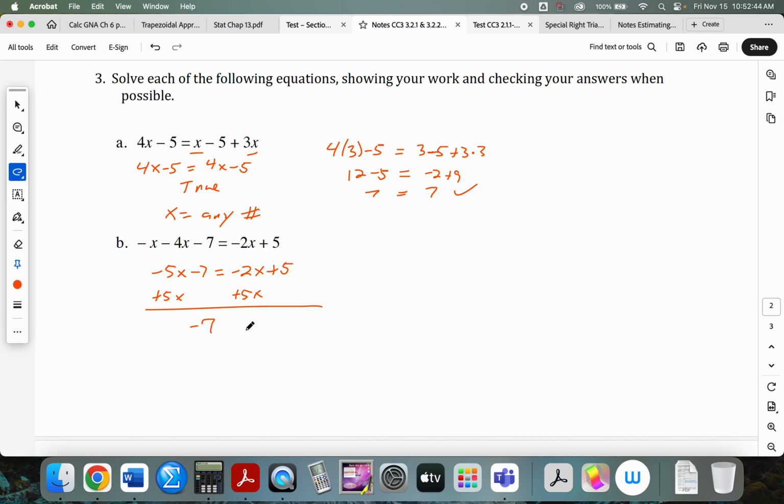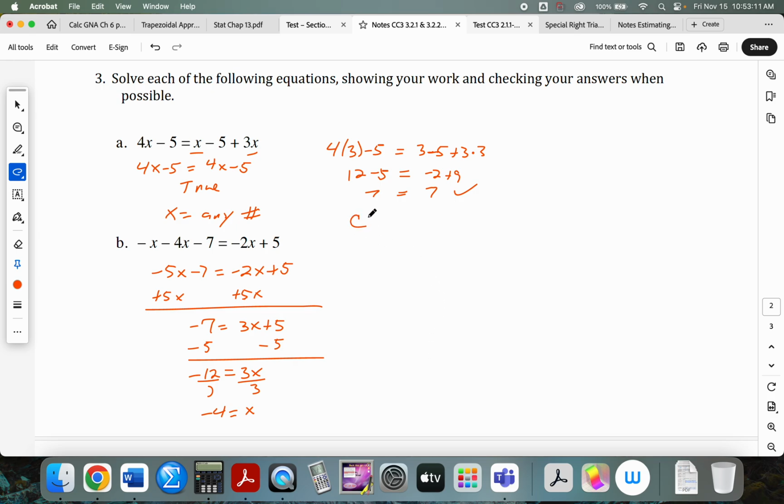Yes, add positiveness. So that's going to be 3x plus 5. Now what? Subtract the 5 from both sides. So it's negative 12 is 3x. We get negative 4 is equal to x.